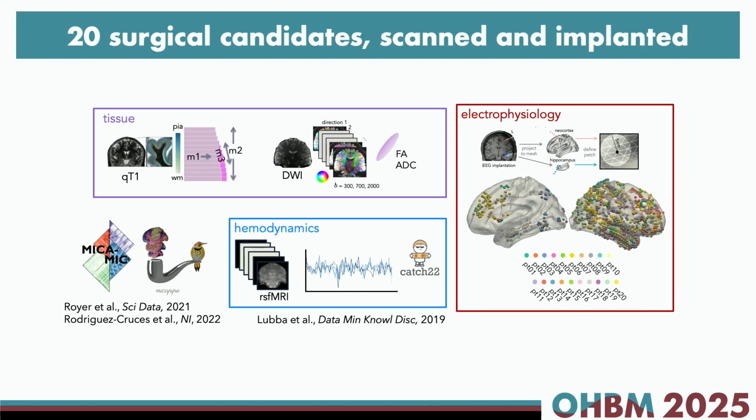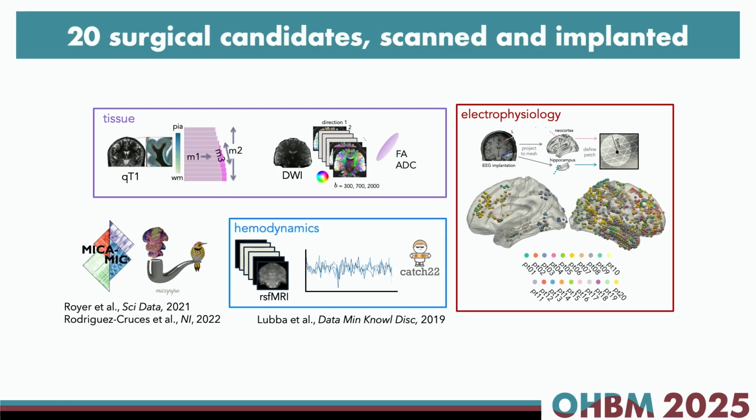data set. These are patients admitted at the MNI, and they come in with recurrent seizures, suffering greatly from it, and they were scanned before they were implanted with deep electrodes. The scanning protocol is a 3T protocol.